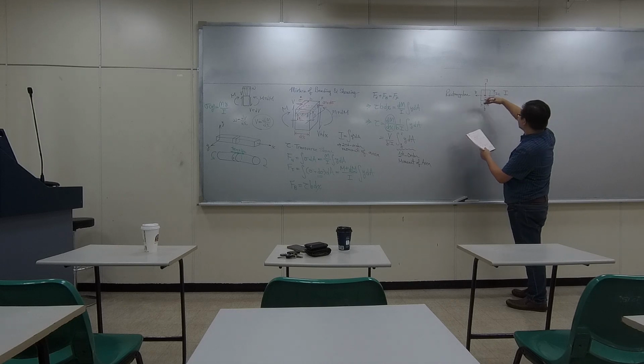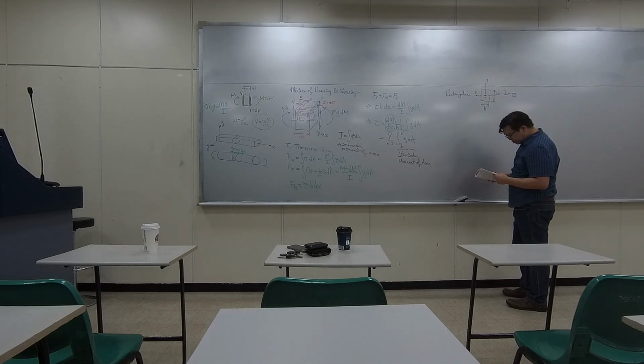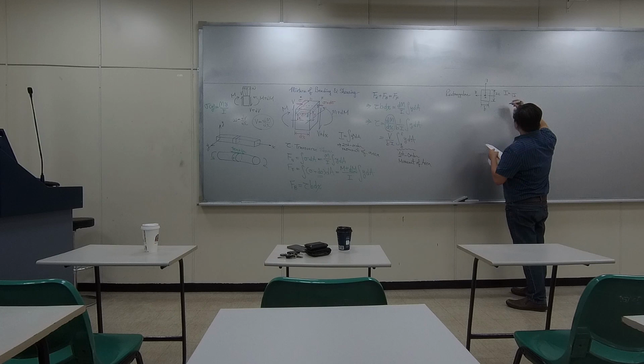And we know for I, checking on the horizontal one, it's 1/12 bh cubed, right?